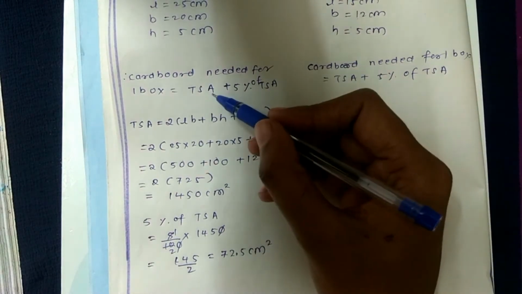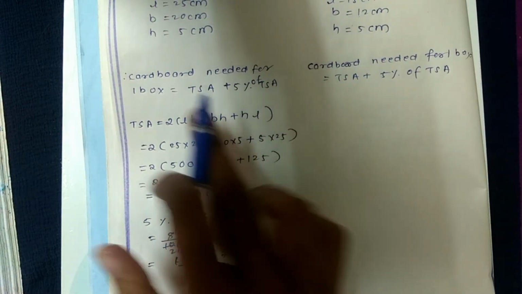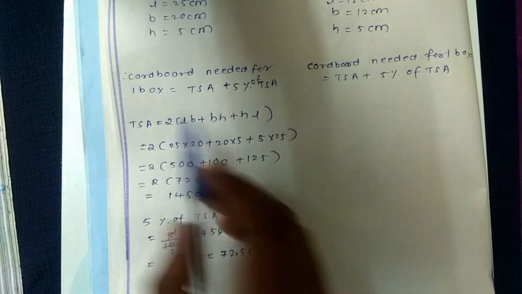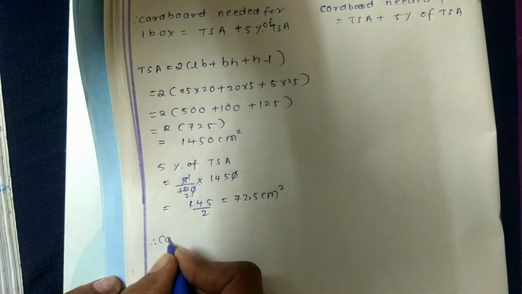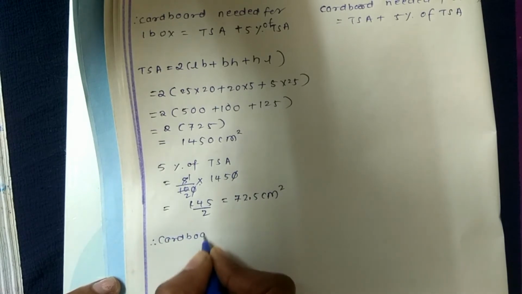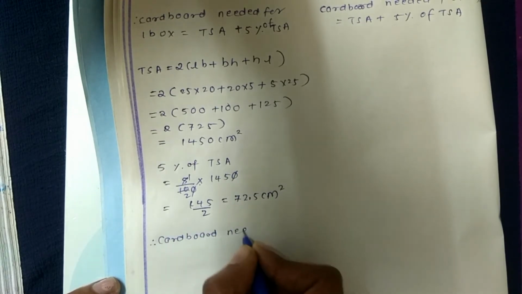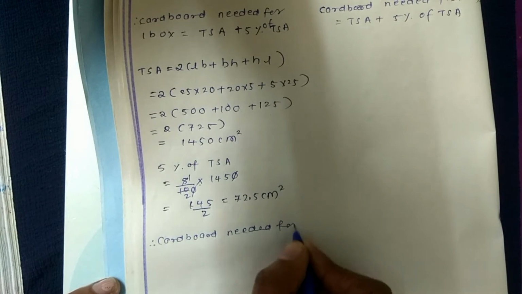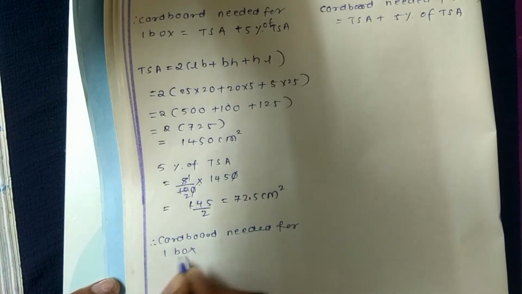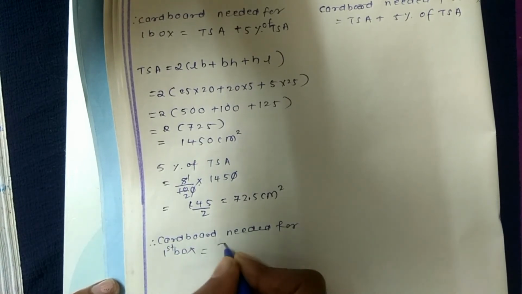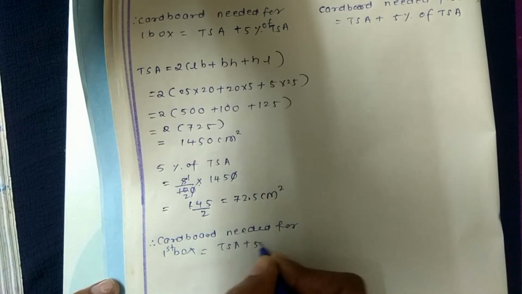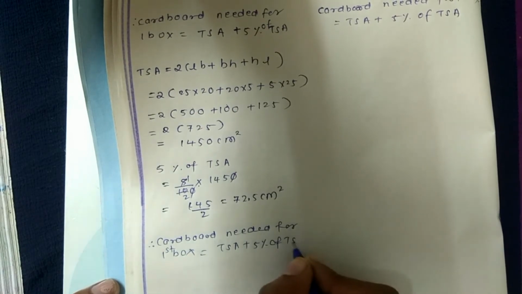So if you add this TSA and 5% of TSA, that will give you the cardboard needed for the first box. So therefore, cardboard needed for first box is TSA plus 5% of TSA.